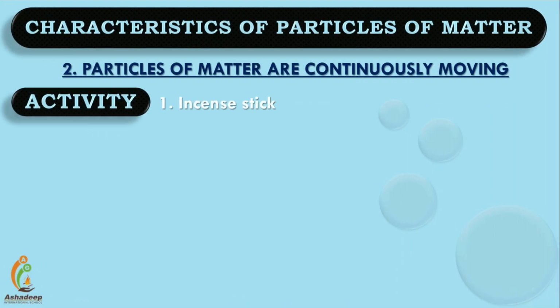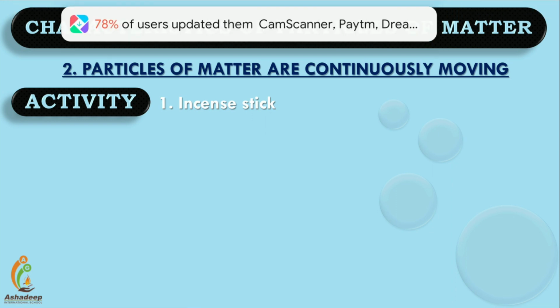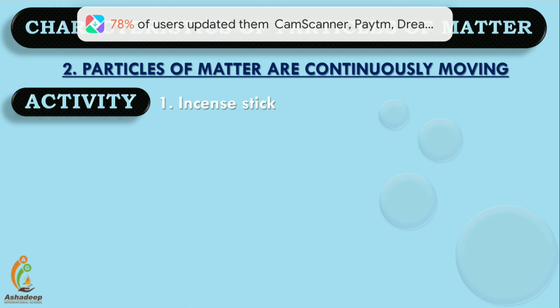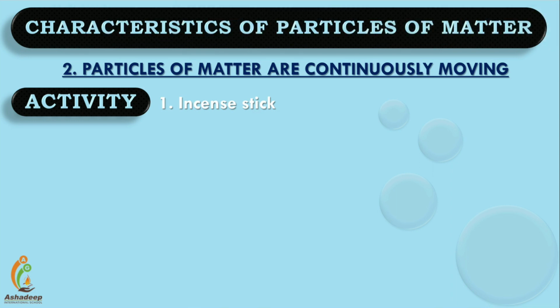The second characteristic is that particles of matter are continuously moving. Now this we will see with the help of a few activities. The first activity is using an incense stick.